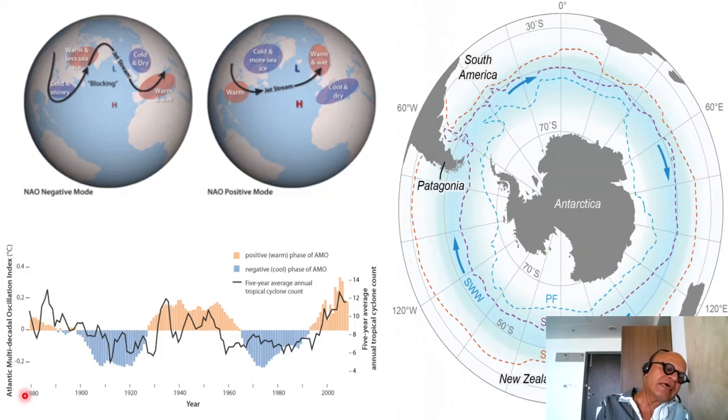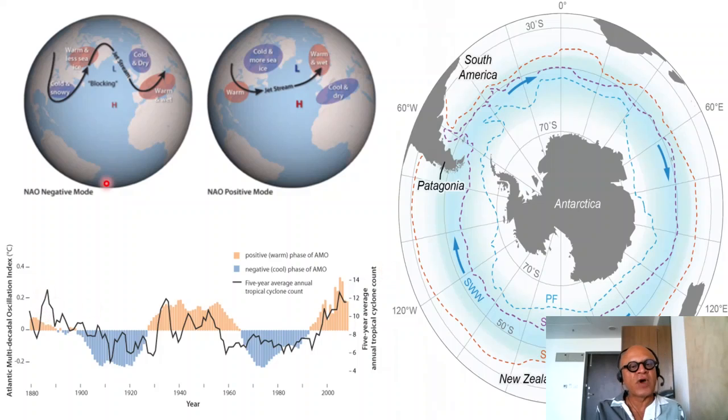Okay, so for the Atlantic multi-decadal oscillation, you can see the magnitude here is fairly tiny, but nonetheless you have a positive warm phase of the AMO here. So you can see this remains above when you look at the 5-year average annual tropical cyclone count.